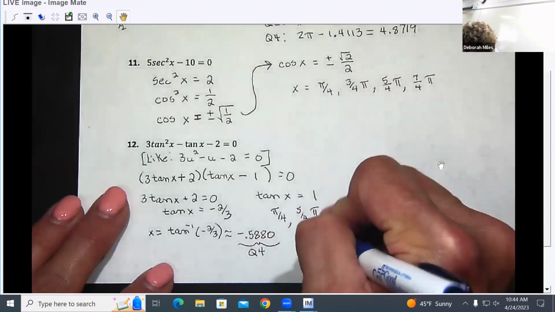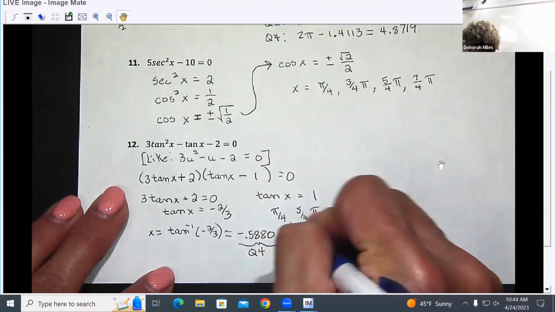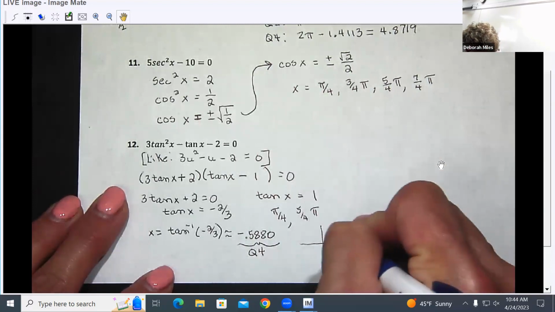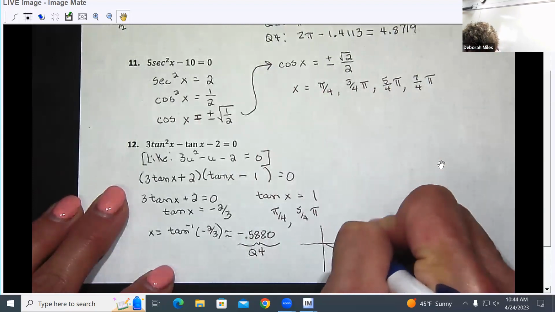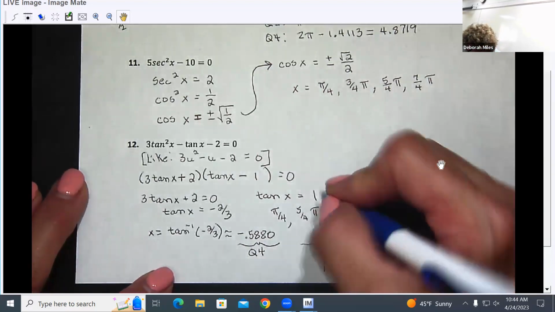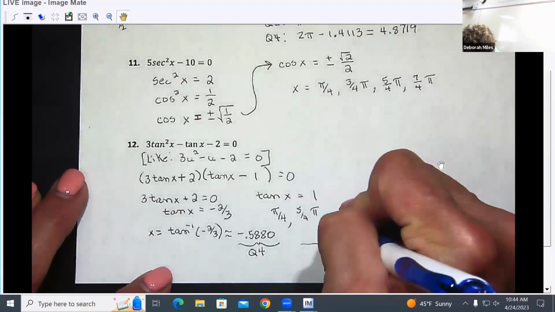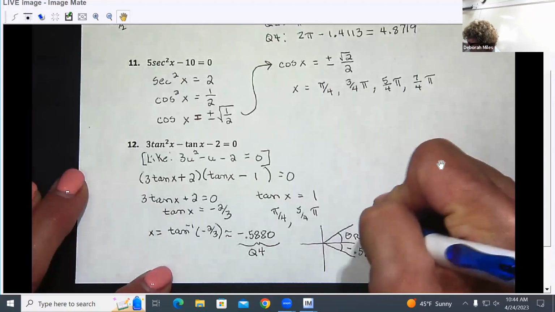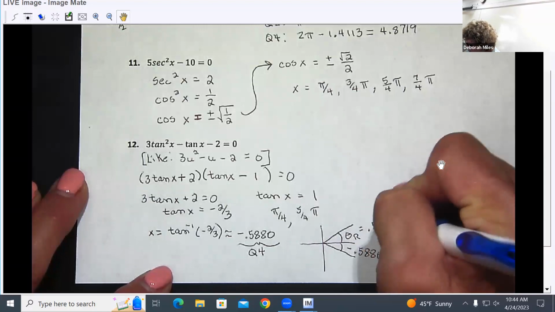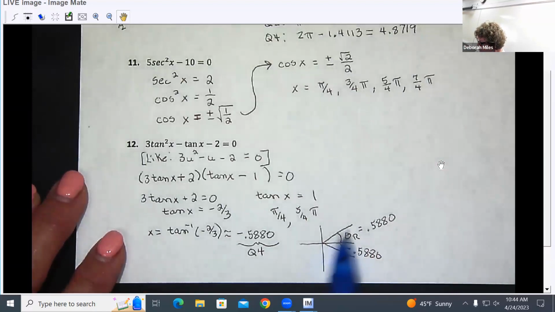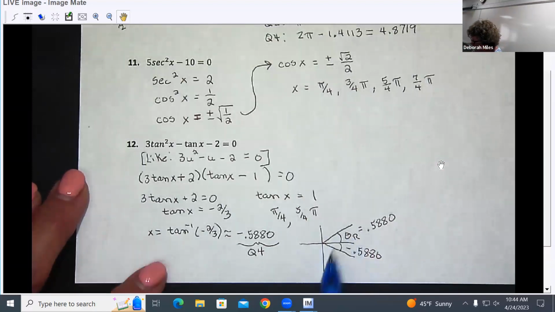Here's what I'm thinking. The fourth quadrant angle, negative 0.5880, means the reference angle is positive 0.5880. The terminal side of this angle is the same distance from the x-axis as this angle.